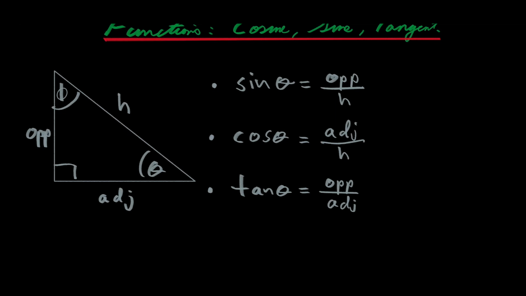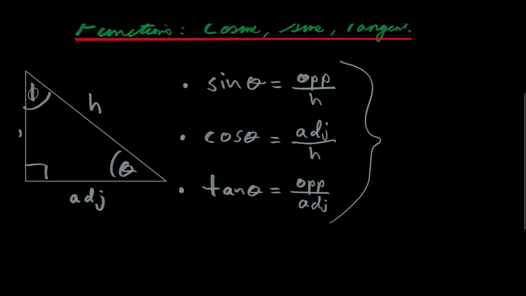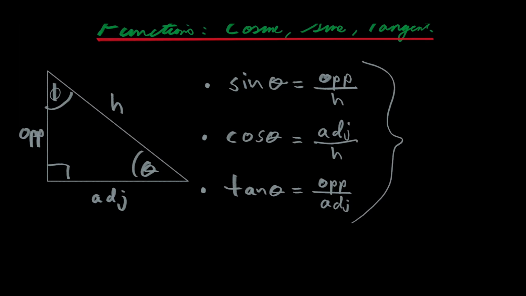You can always sort of interpret things in terms of right angle triangles, but we need to move beyond these definitions. So historically, these were taken to be the definitions, and then we extended the definitions in order to allow for more applications, both in pure mathematics and applied mathematics.